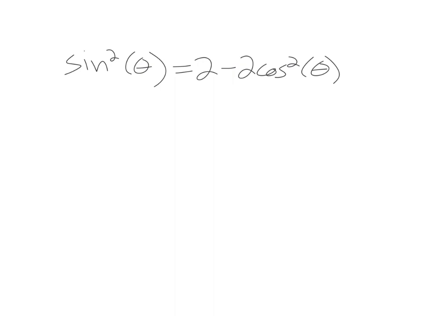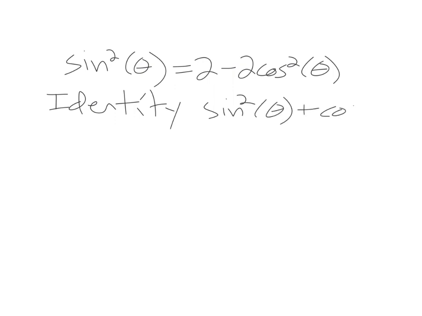So we're going to use the oldest identity in the book, which is the fundamental identity of trig. You know the one. Sine squared theta plus cosine squared theta equals 1. We have to either rewrite sine squared in terms of cosine squared, or rewrite cosine squared in terms of sine squared.